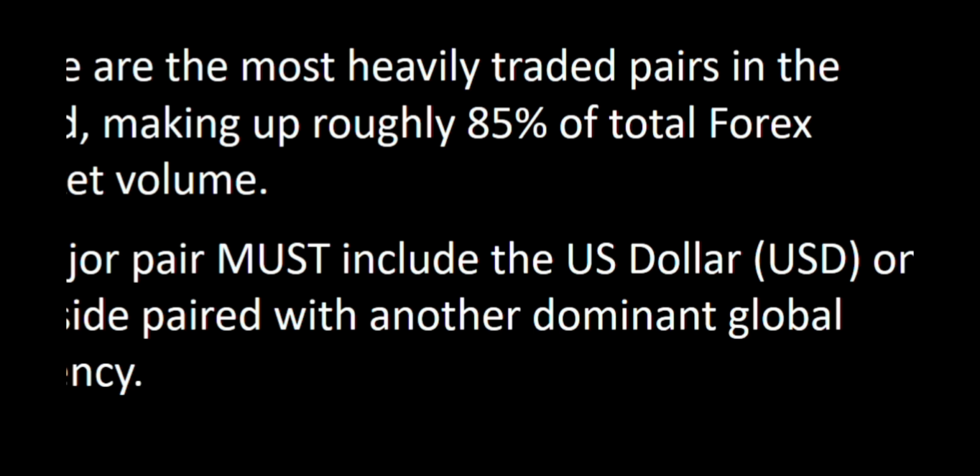You understand? So major currencies are the currencies that are traded more than others. You understand? A major pair must include the US dollar, USD, on one side, paired with another dominant global currency. So you all know that major currency pairs include US dollar.